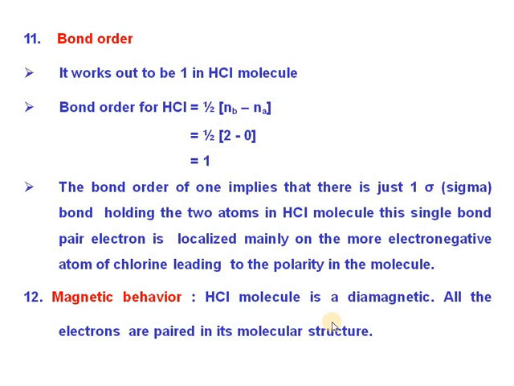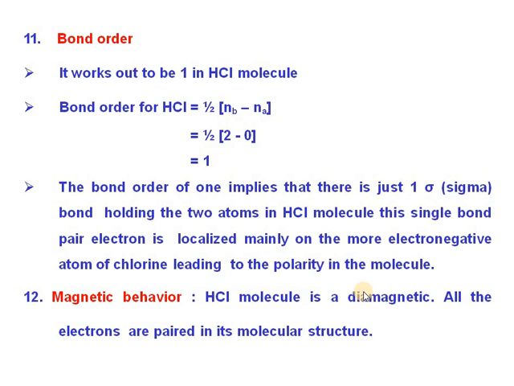the magnetic behavior of hydrogen chloride molecules is diamagnetic in nature, and therefore the bonding of hydrogen chloride is mainly due to the overlap of the 1s orbital of hydrogen with the 3pz atomic orbital of chlorine, due to the greater electronegativity of chlorine than hydrogen.